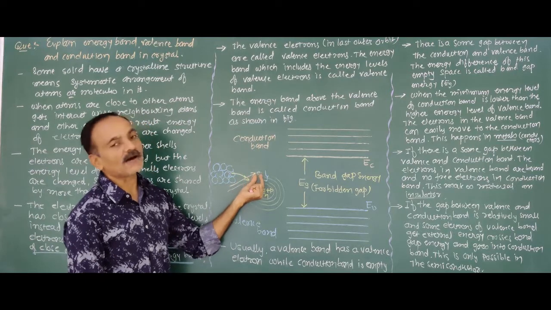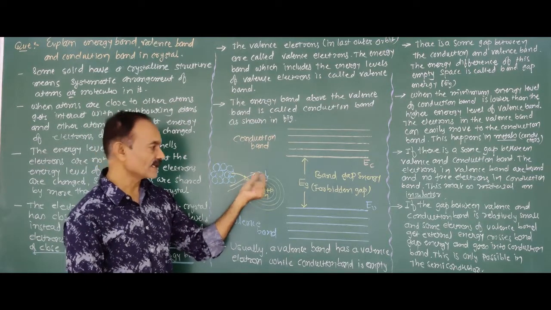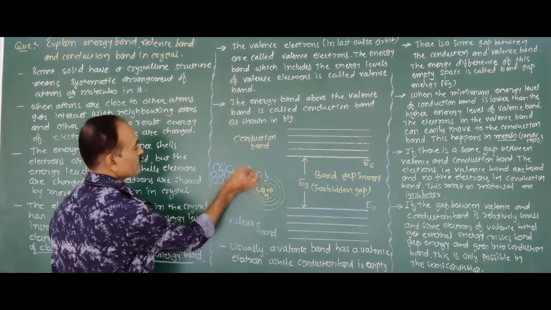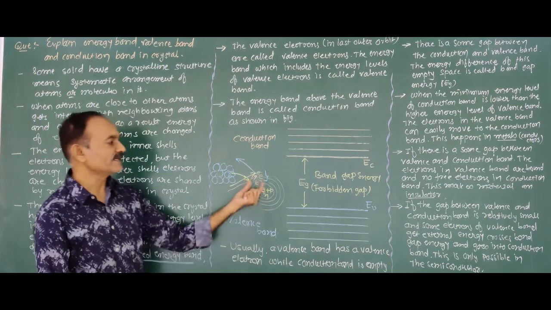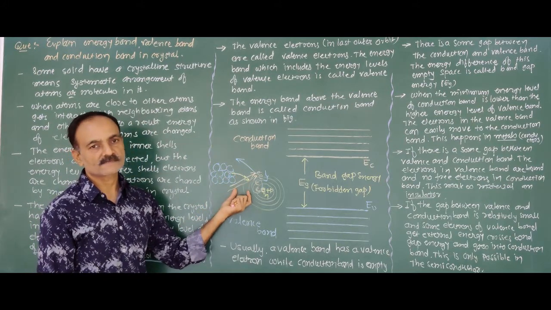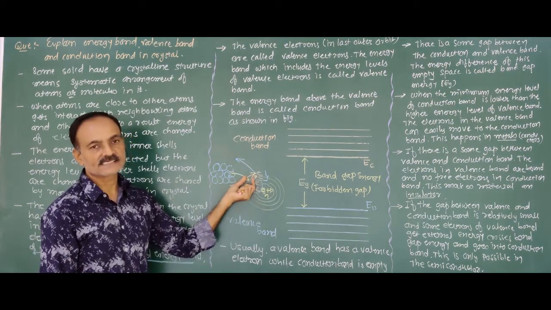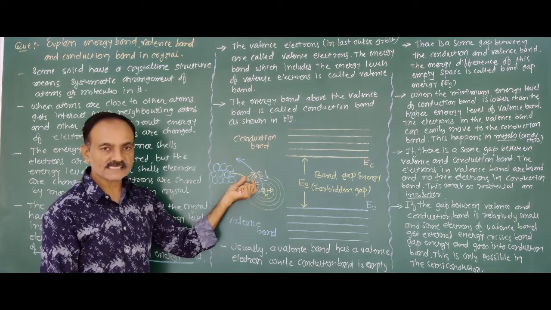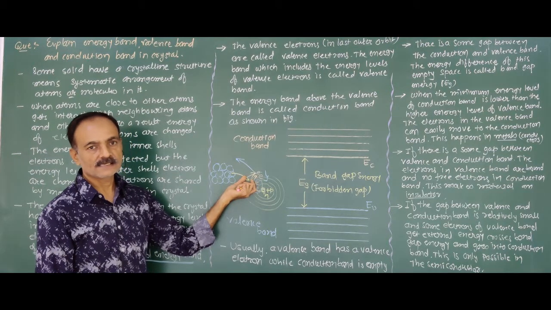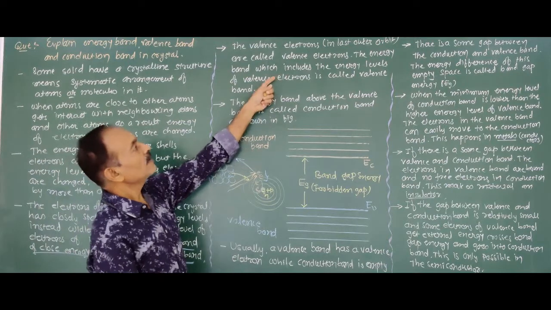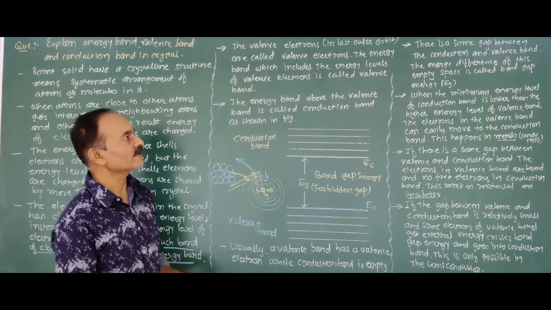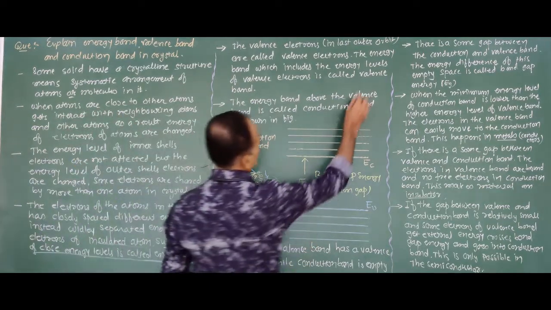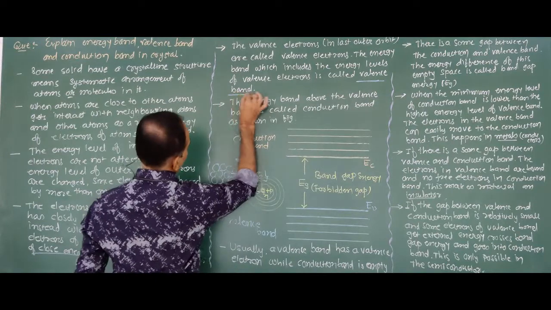The electron in the outer orbit of an atom is known as the valence electron, because this electron easily transfers or moves from one atom to another atom due to the interaction between the atoms. Now, this electron also has different spaced energy levels. The energy band which contains the energy levels of valence electrons is known as the valence band.